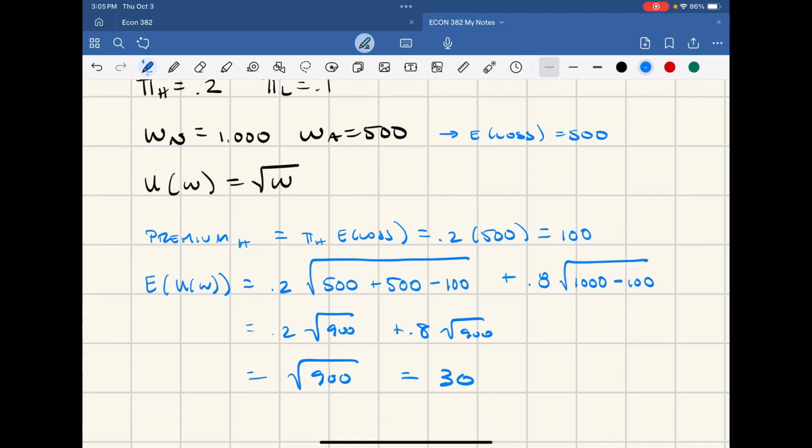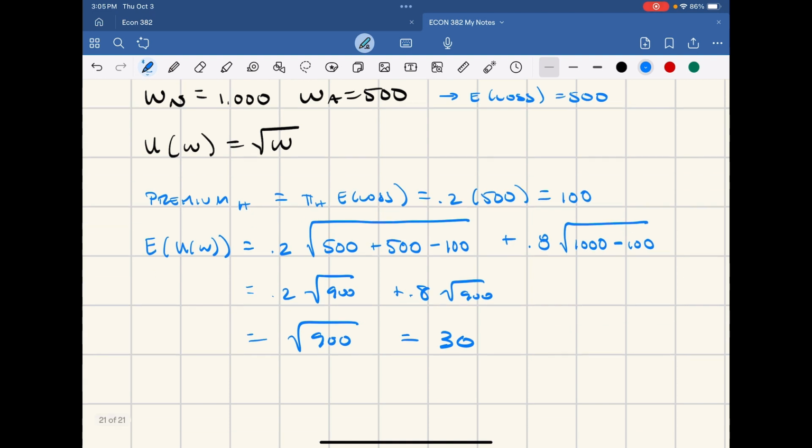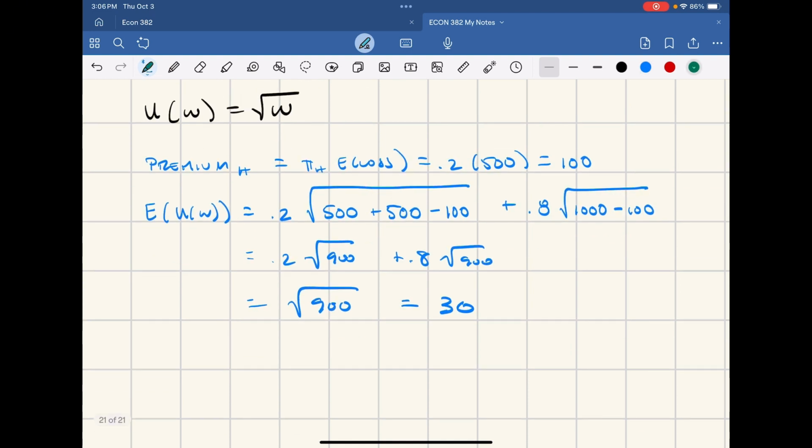Now what we want to look at is what would be the benefit level for low insurance people such that the high risk don't buy it.